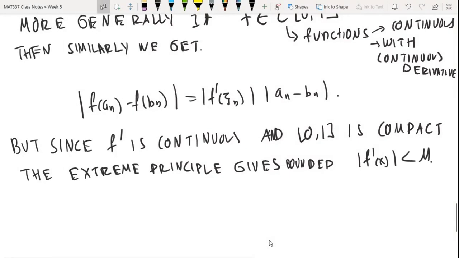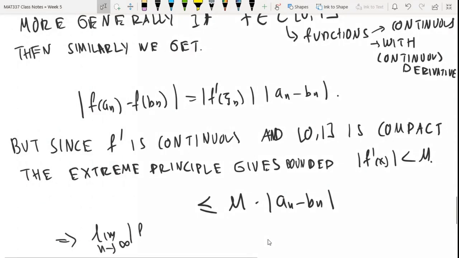Which means that going back to this, you get M times an minus bn, and so again, it goes to 0.